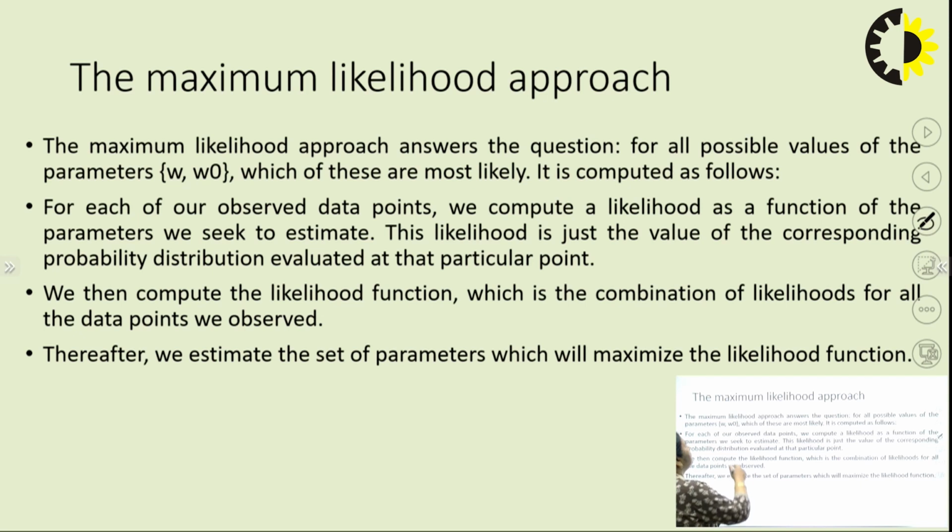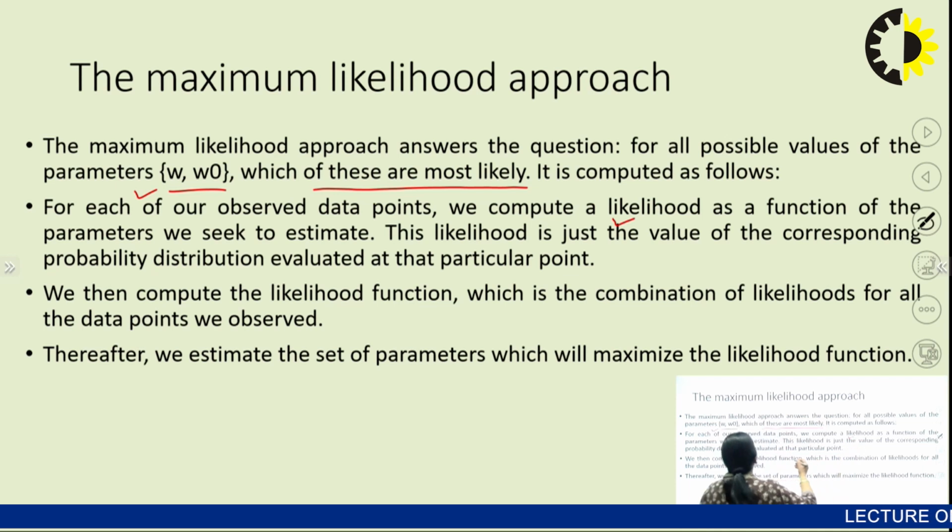The maximum likelihood approach answers the question: for all possible values of the parameters W, W0, which are most likely? So what we will do is, for each of our observed data points, we will compute a likelihood as a function of the parameters we seek to estimate.